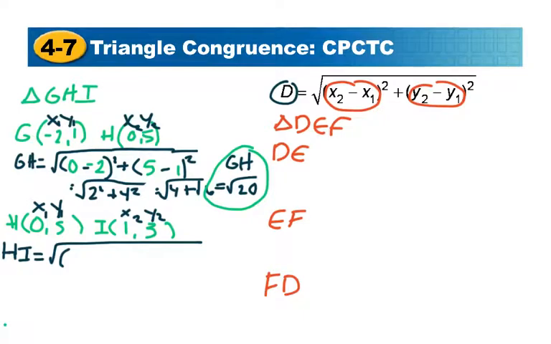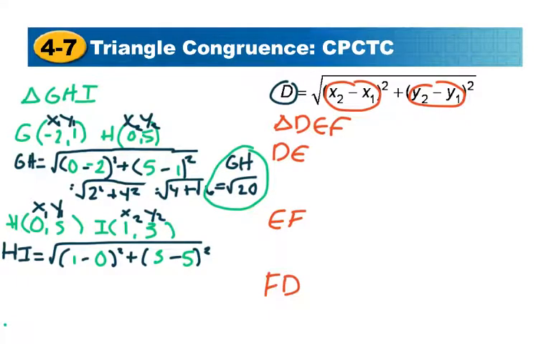So we're going to end up with x2, which is 1, minus x1, which is 0. Once we subtract that, we'll square it and then add it to our y2, which is 3, minus our y1, which is 5, squared.